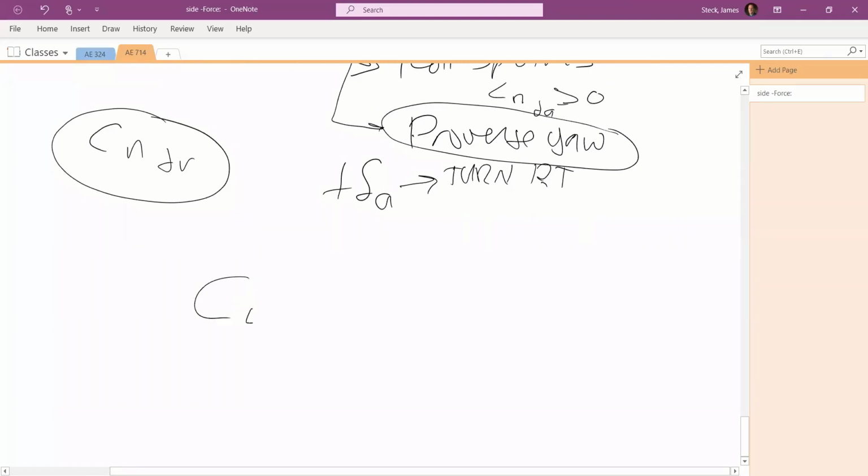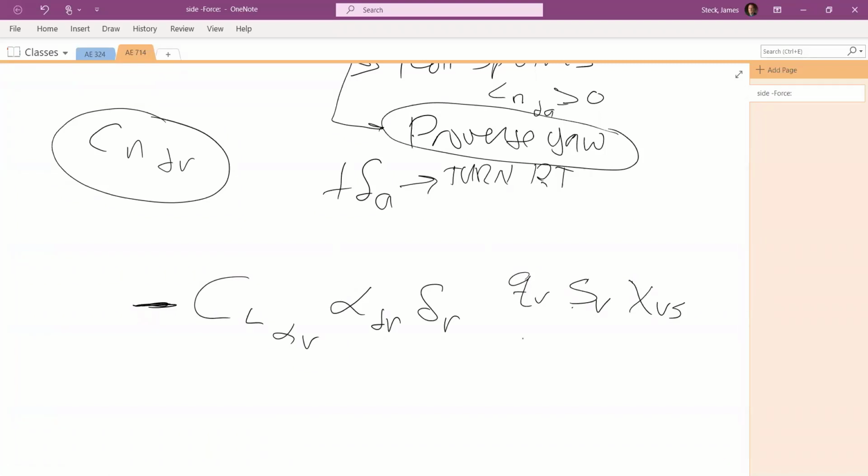It's CL alpha V again, because that's how we predict the force. The rudder effectiveness. And then we get QV, SV, and then XVS. And it's negative because positive rudder gives negative yaw. And we do the normal thing where we divide by Q bar SB, and then we get the coefficient.